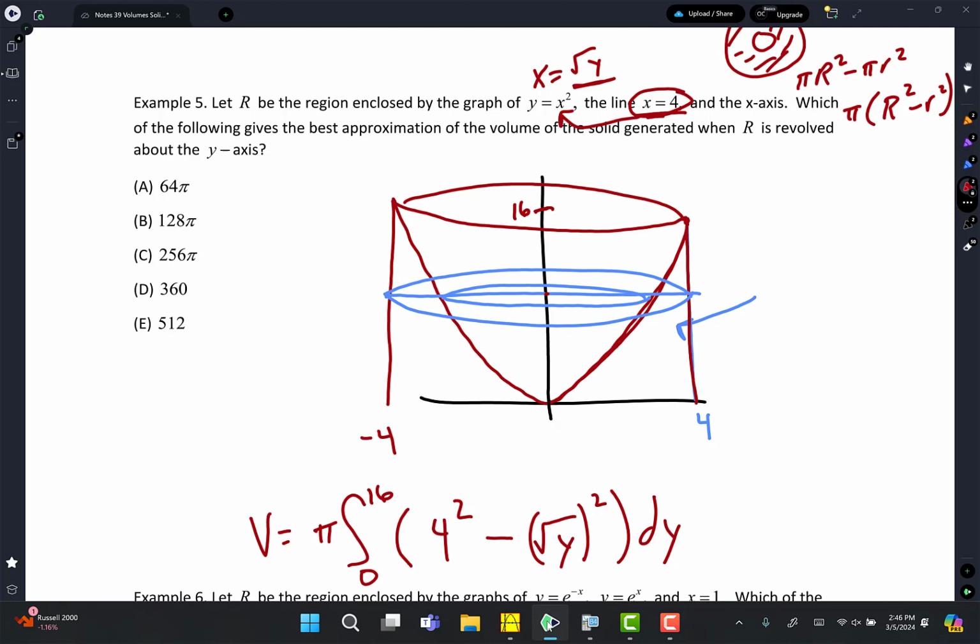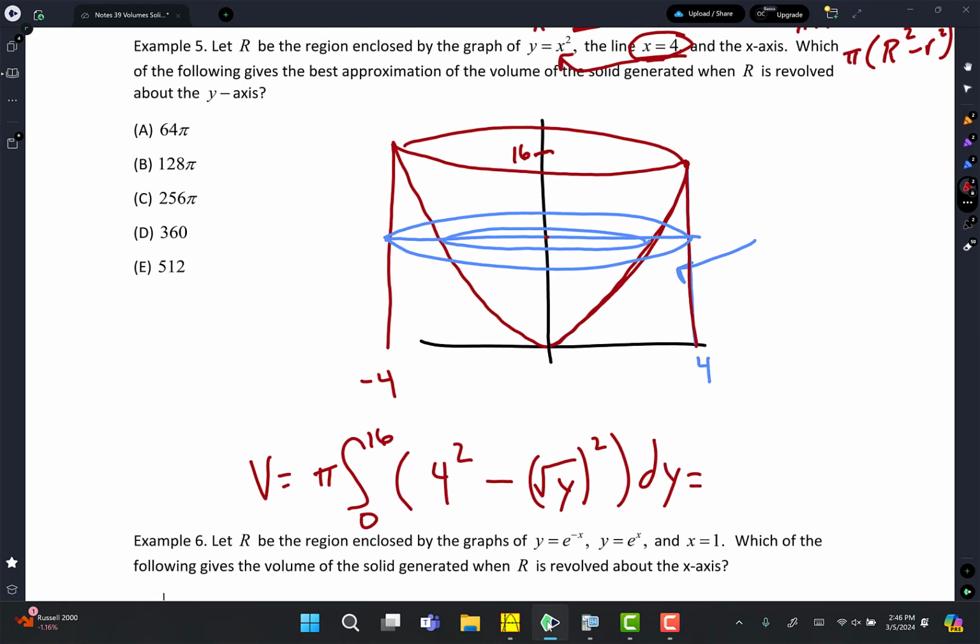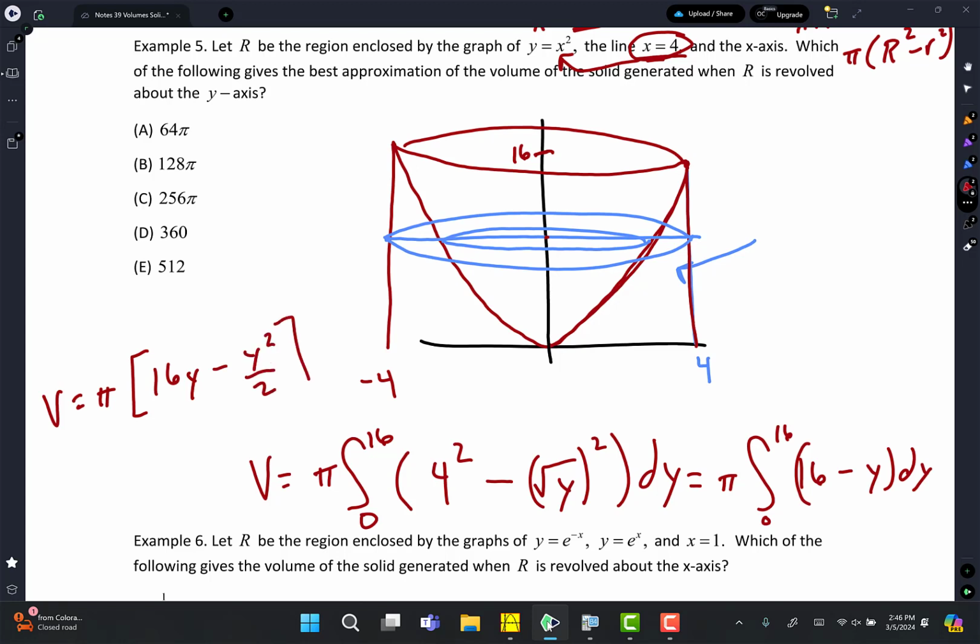What's up? Would the minus square root of y squared just be 1? Yes. Yeah, that's right. More than likely, guys, this would be one that you'd have to do by hand. So here we go. Pi integral 0 to 16 of, I'm going to write 16 minus y dy. Can we do the antiderivative of that pretty easily? Yeah. Volume equals pi on the outside, bracket. The antiderivative of 16 is 16y minus y squared over 2 from 0 to 16.